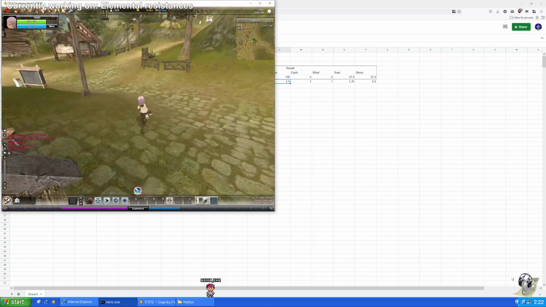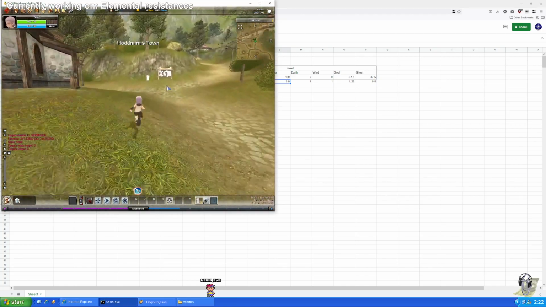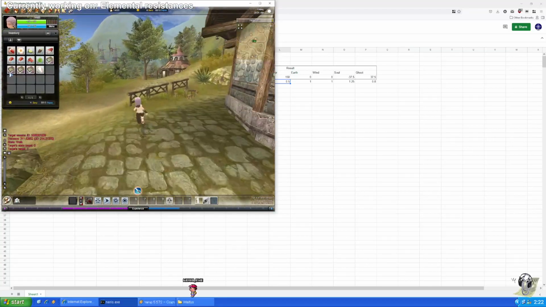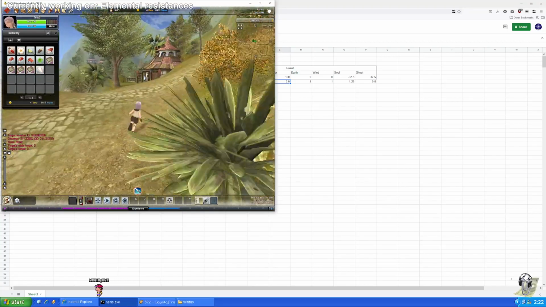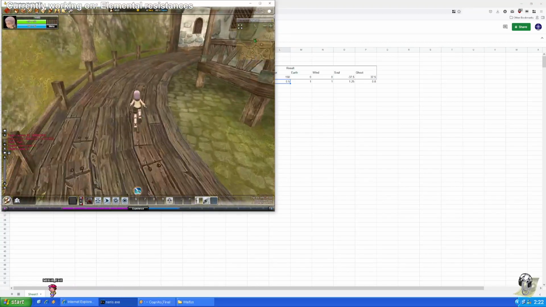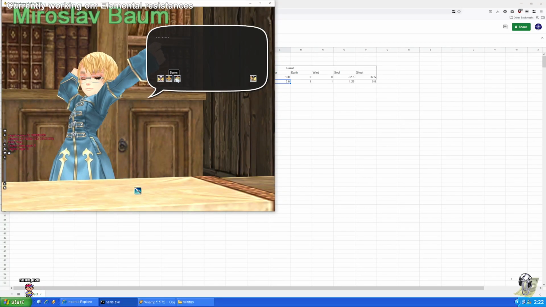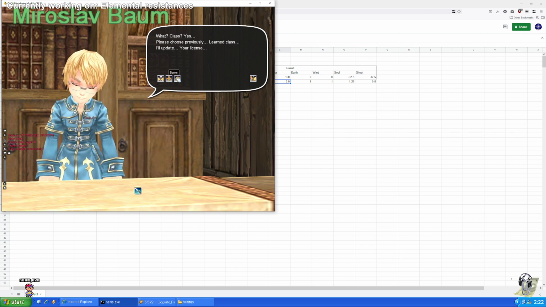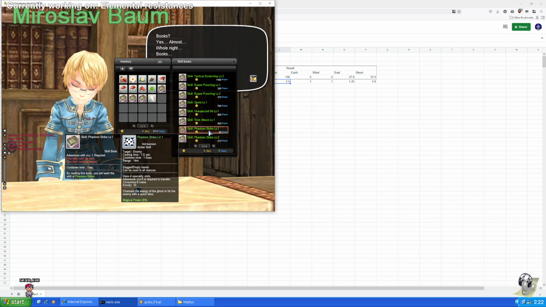Okay, so I wanted to grab a skill on the adventurer class. So first change class to adventurer, skill books, here we go, Phantom Strike.